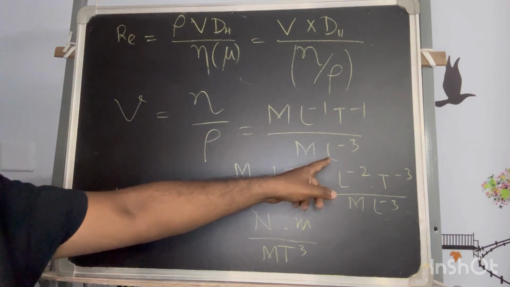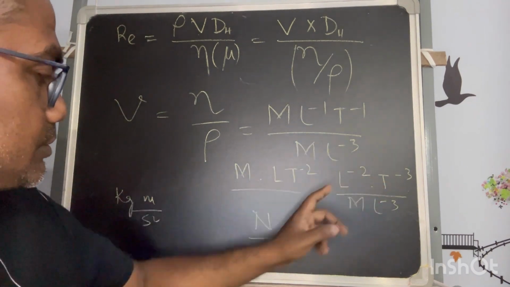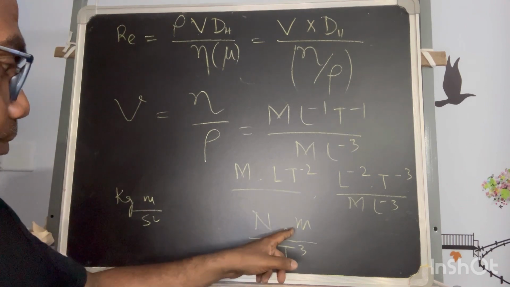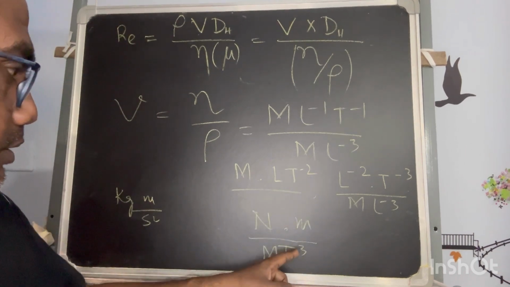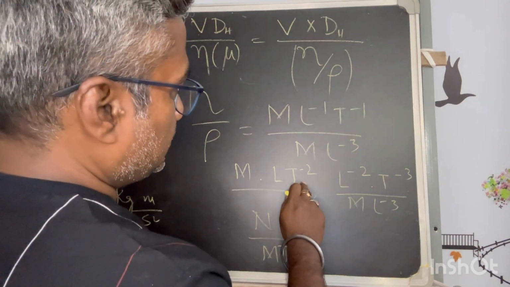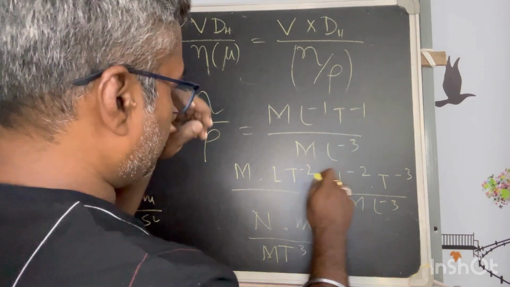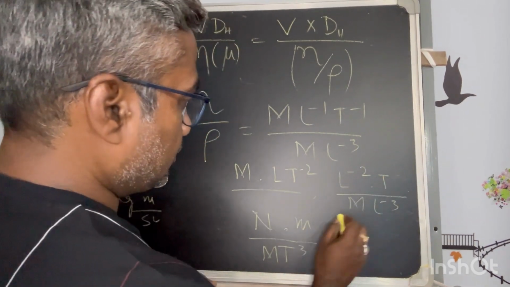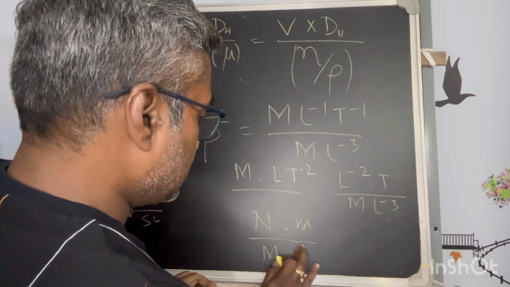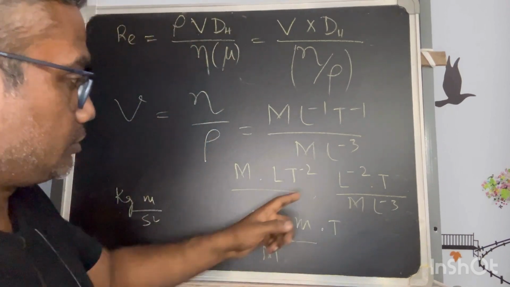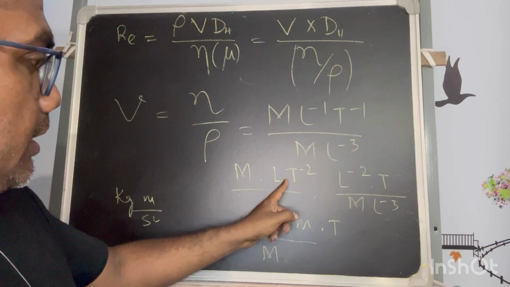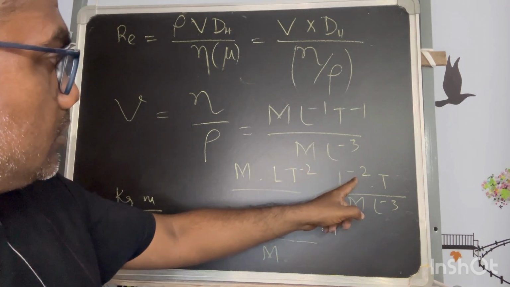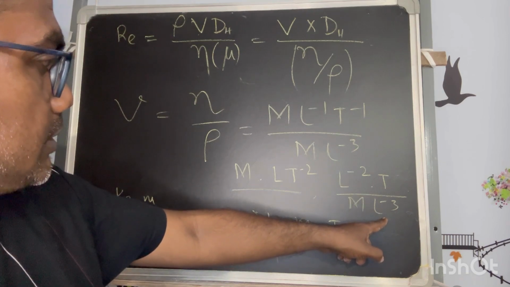Is it true? It is right. M L T to the power minus 2 is a Newton, into L^-1, and T is T to the power minus 1, so this will be balanced, M balanced, L minus 1 and L minus 3.